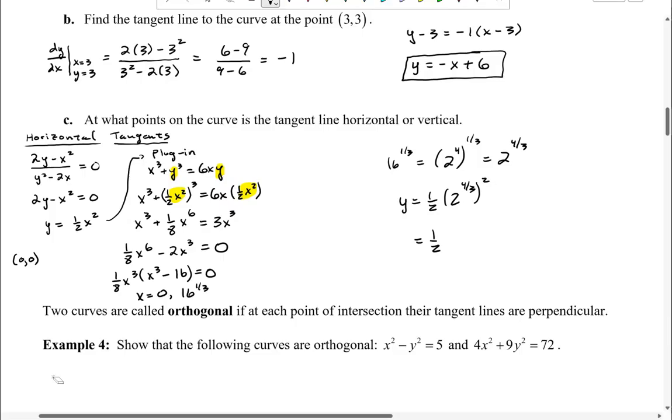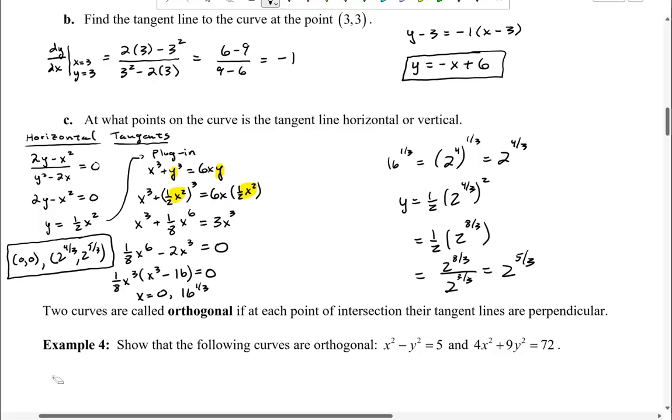Simplifying that, we have 1/2 times 2 to the 8/3 power, and we can cancel by thinking of our 2 in the denominator as being 2 to the 3/3 power, which will give us 2 to the 5/3 power. So we have found the 2 points where this curve has horizontal tangent lines.